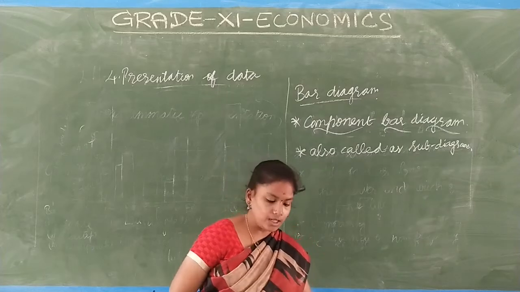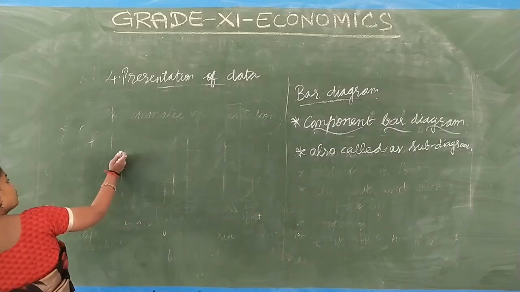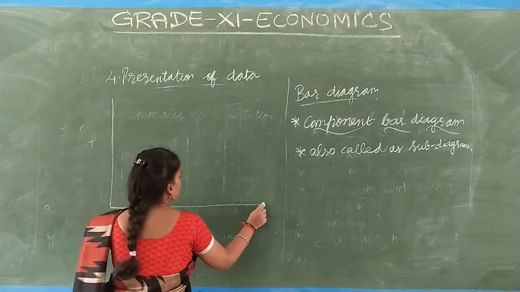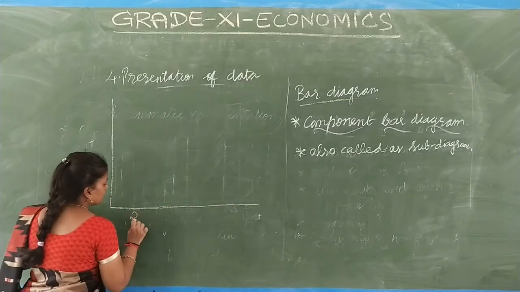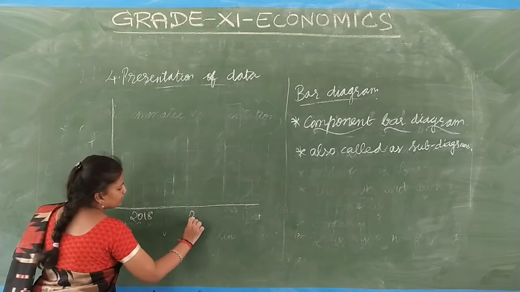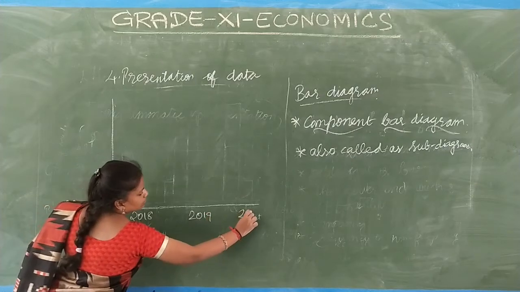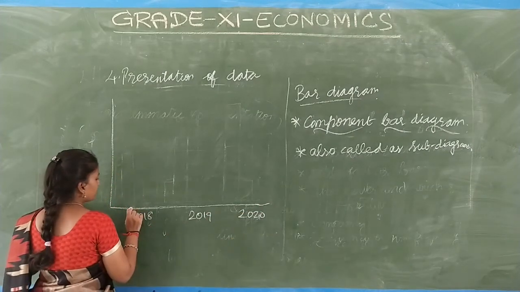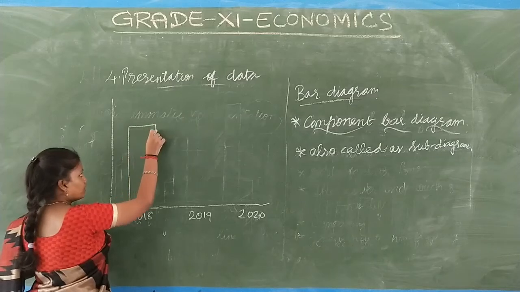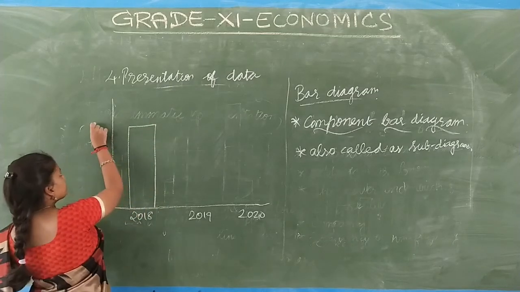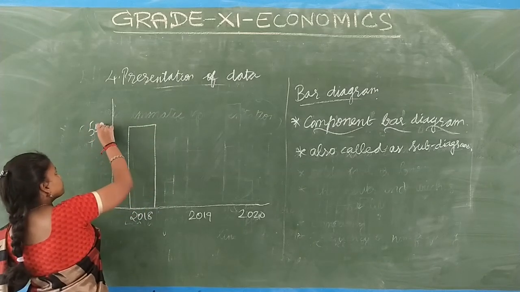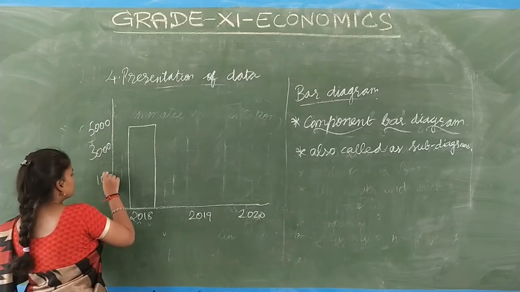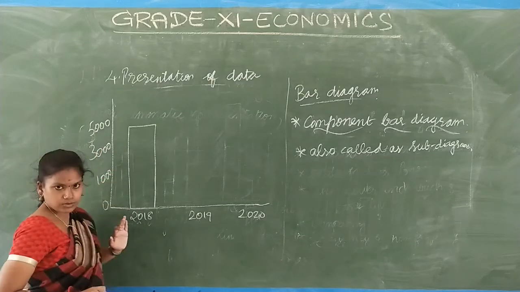For example, you had a multiple bar diagram. Same thing, 2018, 19, 20. Like this, if you have total expenses of 5,000, 3,000, 1,000, 0.